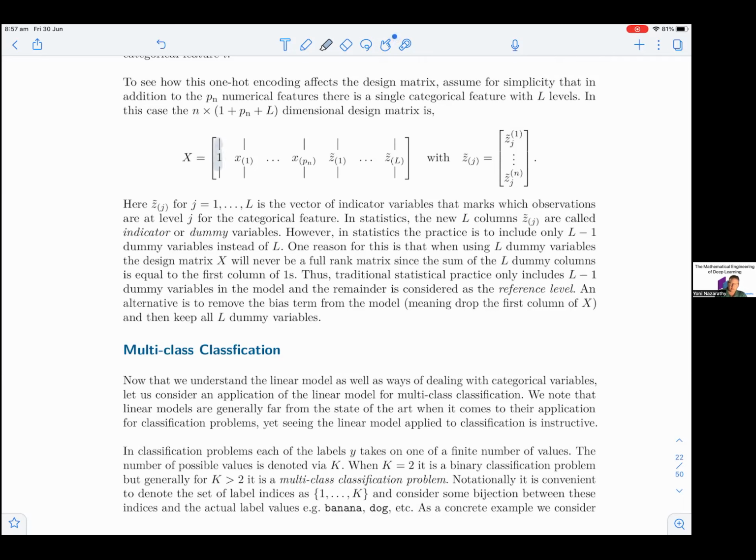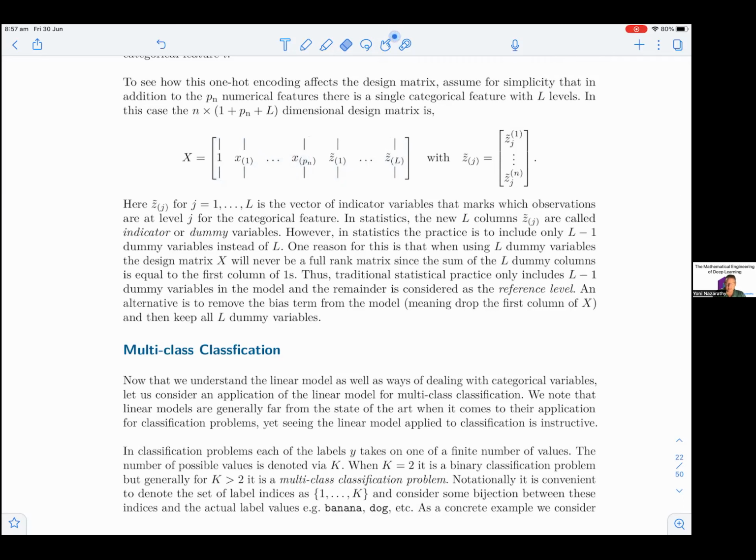It still has the column for the bias vector, and you have P sub n columns, one for each numerical feature, and then the one categorical feature was expanded into these L additional columns, where these are one-hot encoded. That means each vector here has only a single 1 at some point, and otherwise is all zeros, and it's 1 for the value of that observation, right? Because the rows are observations.